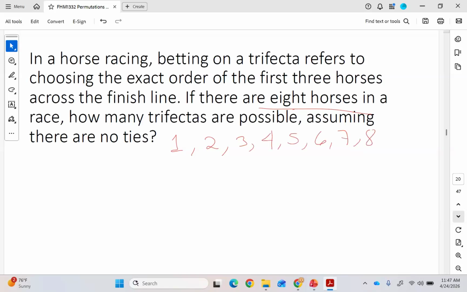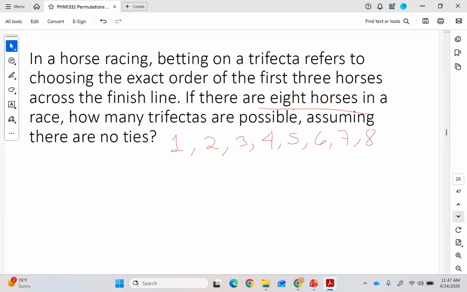In class, I give them funny names. We could give the name of the horse, and then think about the different ways in which you can select first place, second place, and third place.